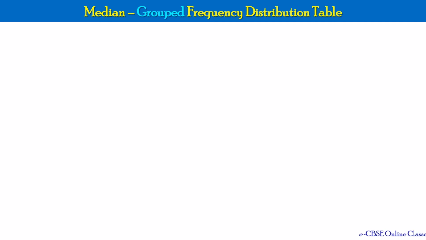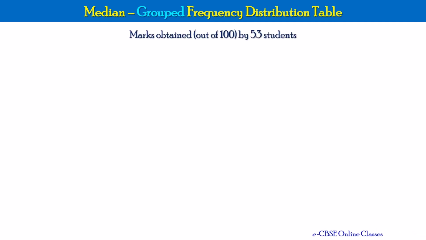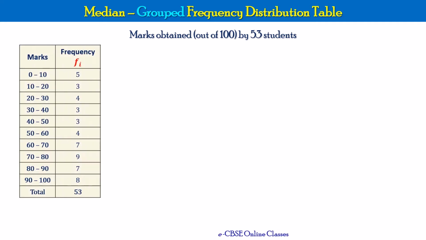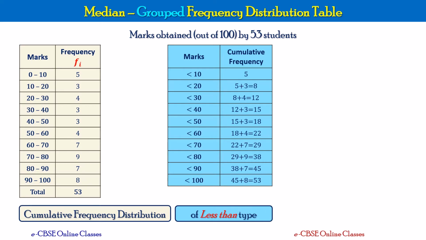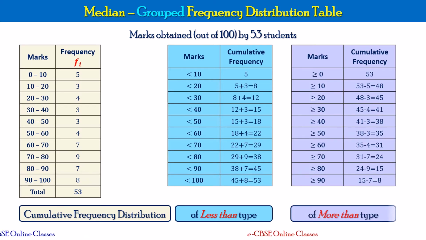In the previous videos, we have looked at how to calculate median from the grouped frequency distribution table. We have taken an example of marks obtained by 53 students out of 100 marks. This is the frequency distribution table that we got, and from this we made cumulative frequency distribution tables of less than type and also more than type.